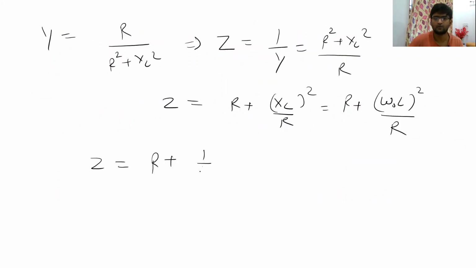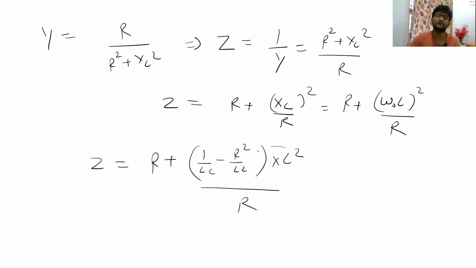So it is 1 upon LC minus R square upon L square, multiplied by definitely L square and divided by R. So if you take this L square inside, what you are going to get is R plus L by C minus R square, divided by R.